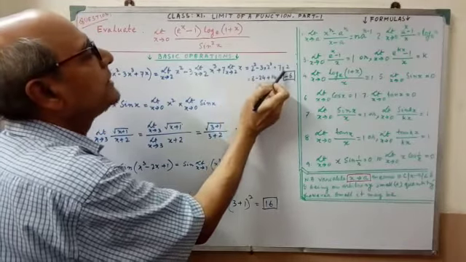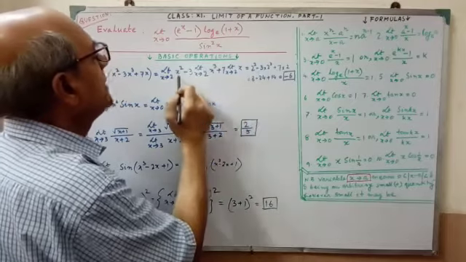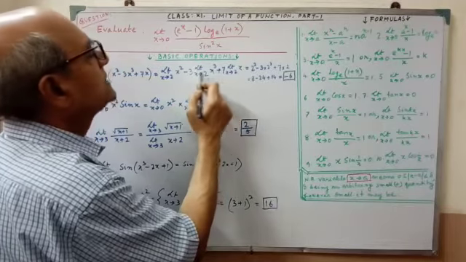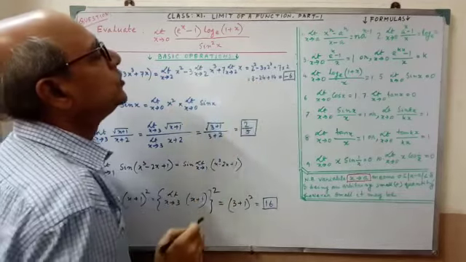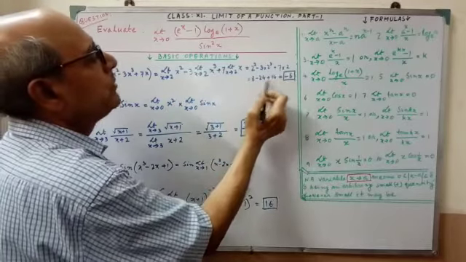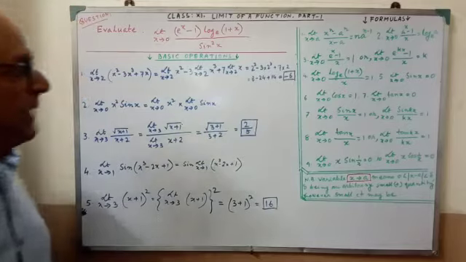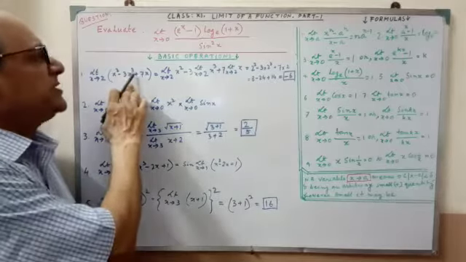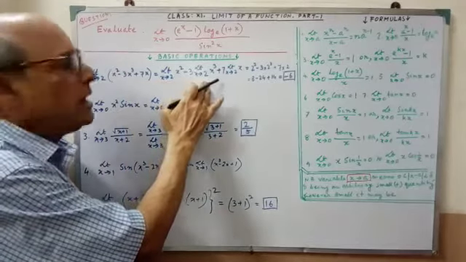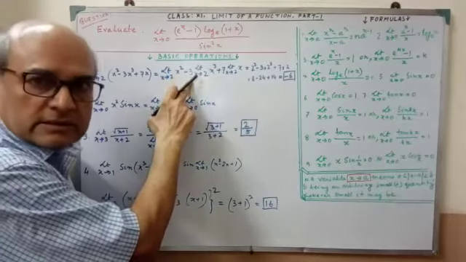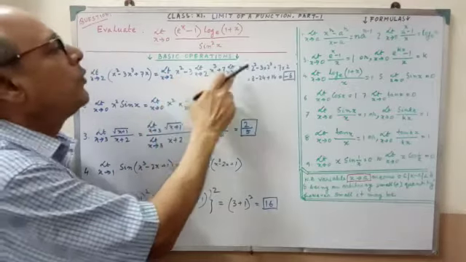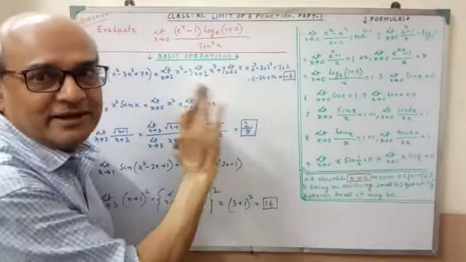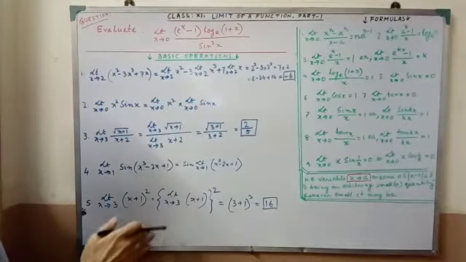Directly you have to write the value in this way. 2 square minus, that is 2 square in place of x, that is 2 cube in place of x, and here is 3, this is why 3 into 2 cube, and in this way 7 into 2, by calculation it is coming 6, minus 6. 3 information, that is expression we may write separately, constant we may write before limit, and when you are putting the value, that time you will not write limit. In this way there are more operations.